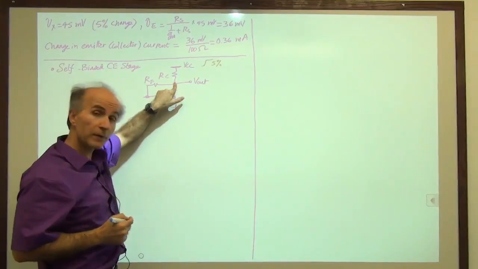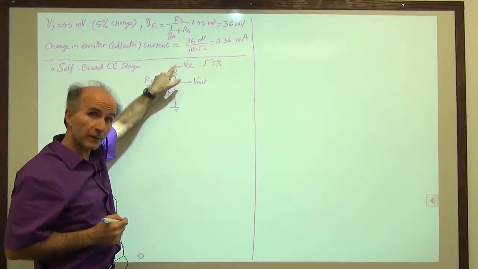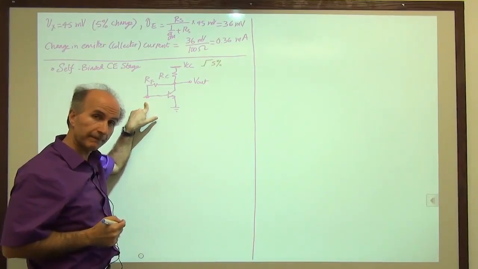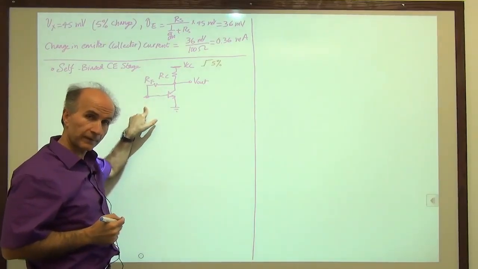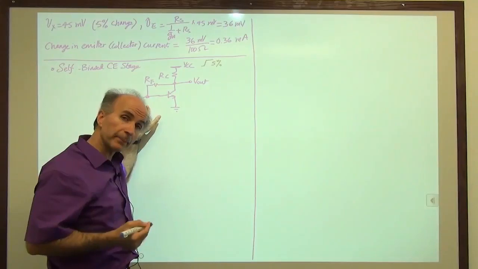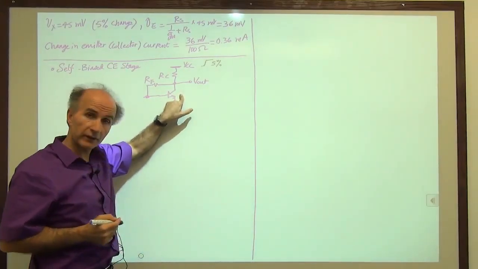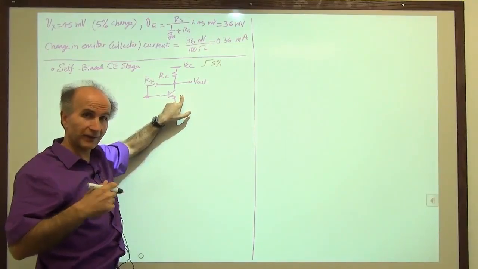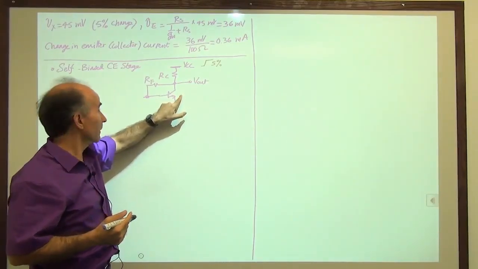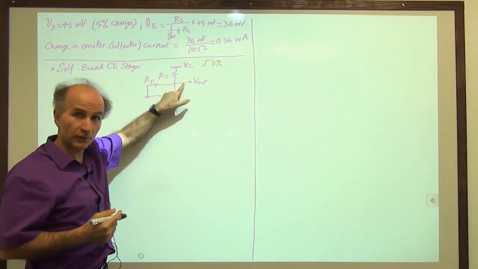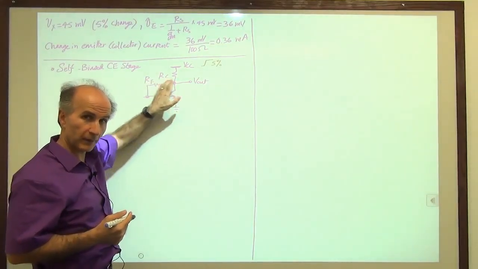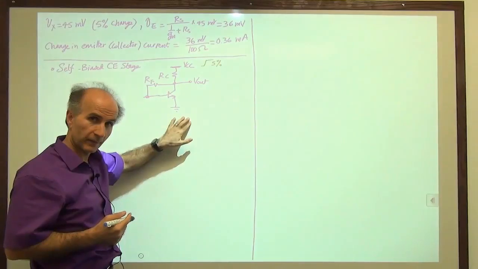So if this voltage goes up, as a result of supply change, then the base voltage goes up through this resistor. If the base voltage goes up, what happens to the collector current? The collector current increases. If the collector current increases, what happens to this voltage? This voltage wants to decrease. Remember, we have inversion. When the base voltage goes up, the collector voltage goes down.